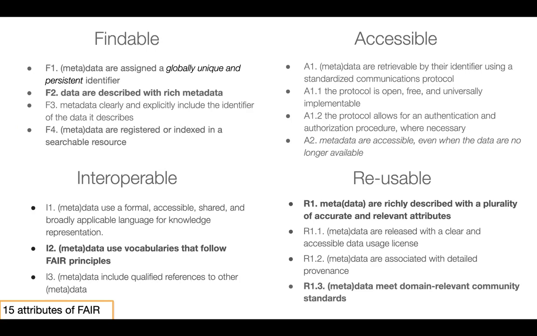And then for reusability, that these metadata meet domain relevant community standards. So there's a lot of emphasis on the metadata for data sets themselves, along with things such as globally unique and persistent identifiers, so that data can be found in the various repositories.